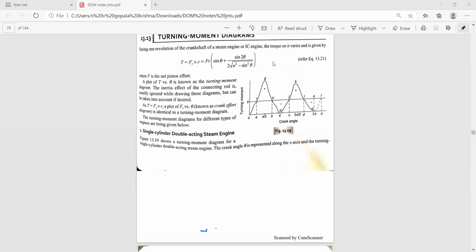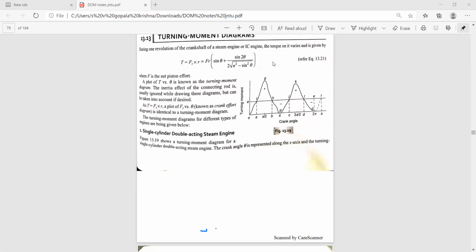Here the inertia effect of the connecting rod is generally ignored, but it can be taken into account if desired.